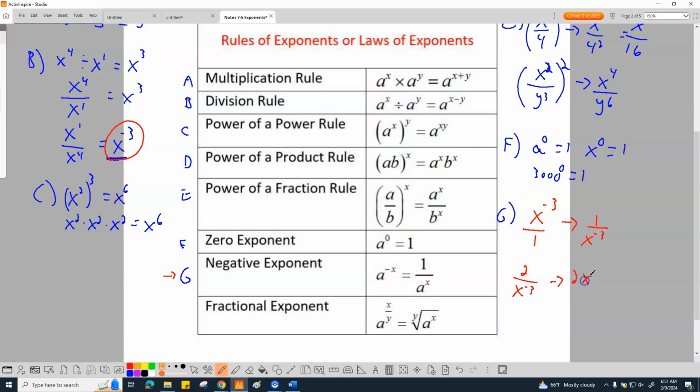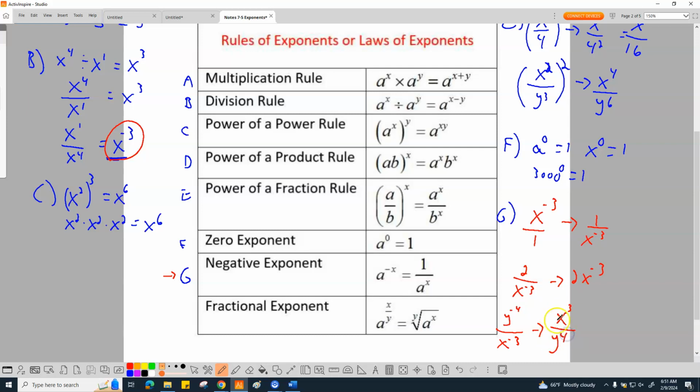And we end up with 2x to the 3 on this one. Likewise, if I had something like y to the negative 4 over x to the negative 3, well, what ends up happening? They both switch. This x goes up, this y goes down, and you end up with x to the 3rd over y to the 4th.